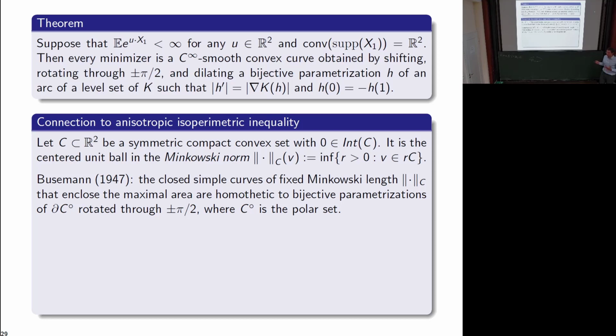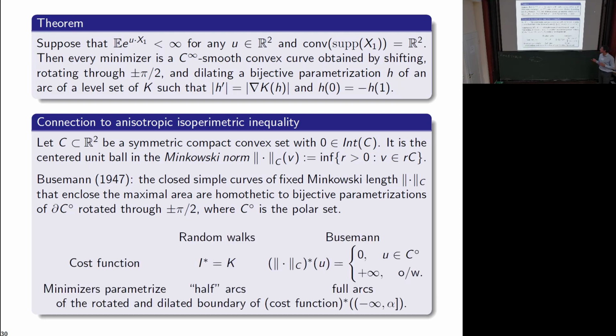Apparently, if you try to solve the isoperimetric problem with respect to this Minkowski length, enclosing the maximal area, now thinking not about convex hulls but closed simple curves, then a result by Busemann says that the solutions parameterize the boundary of the polar set to the unit ball in the Minkowski norm.